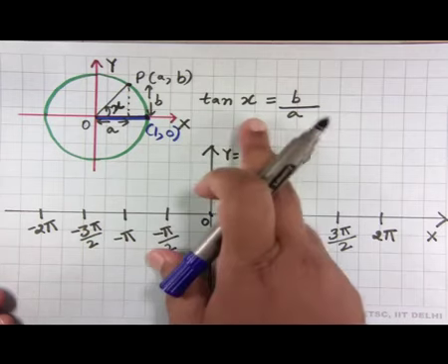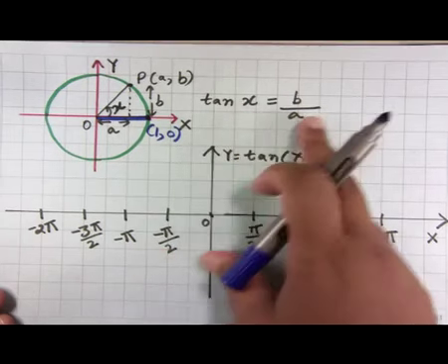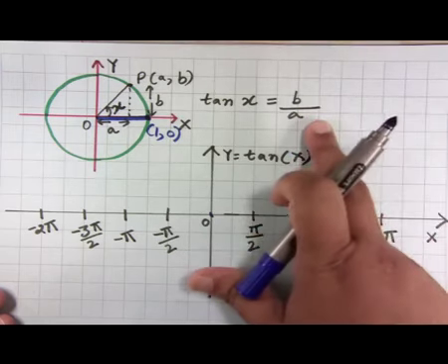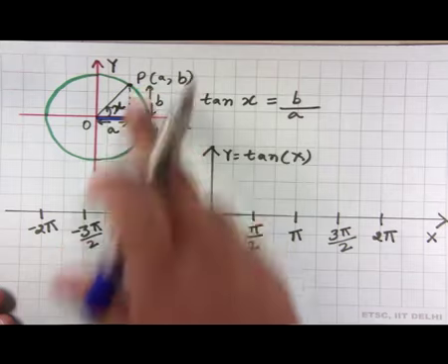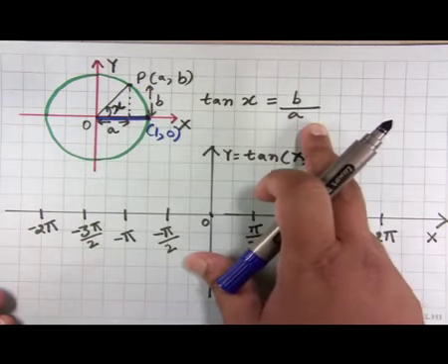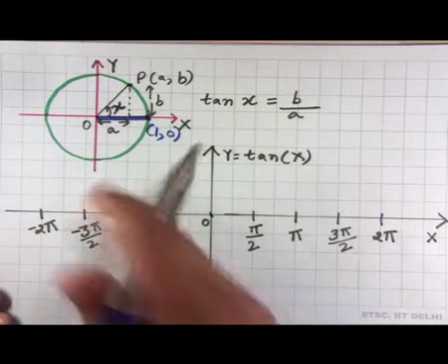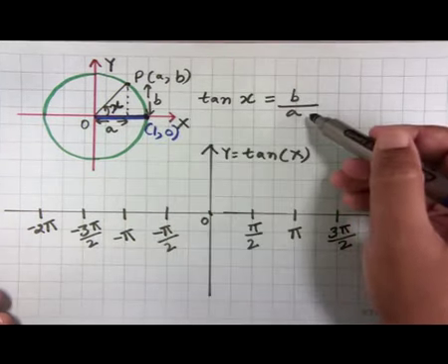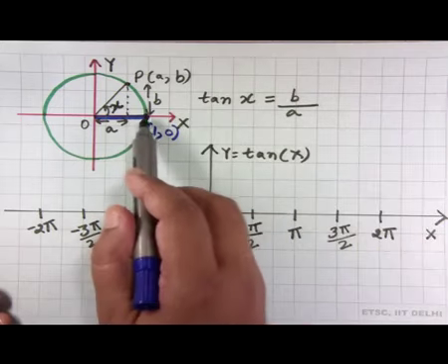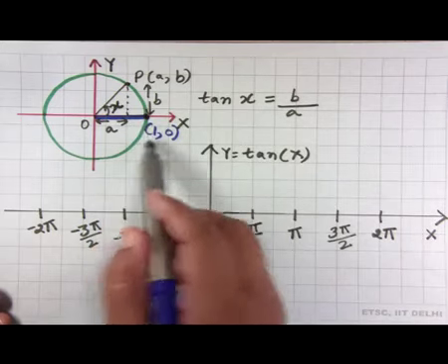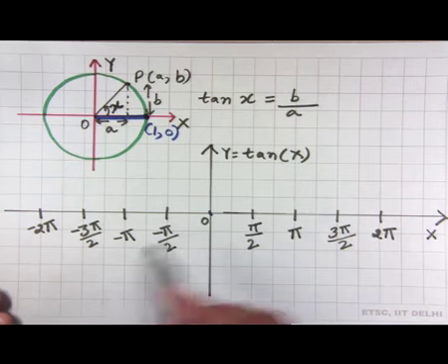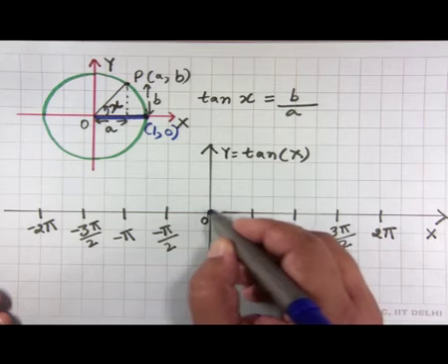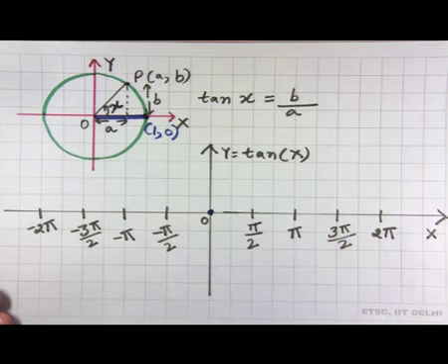Since tan x is equal to the ratio of the y coordinate of this point to the x coordinate, when x is equal to 0 this ratio is simply 0, because at this point the y coordinate is 0. So, at x equal to 0, tan x is 0. This is where we are on the graph at x equal to 0.